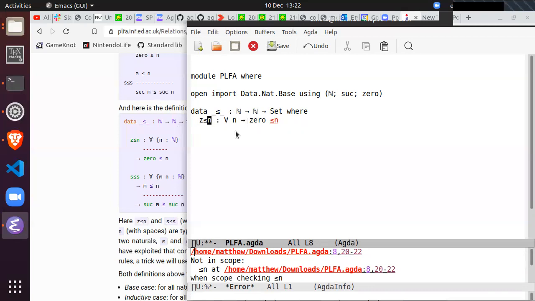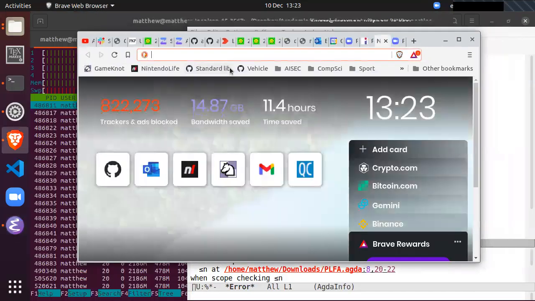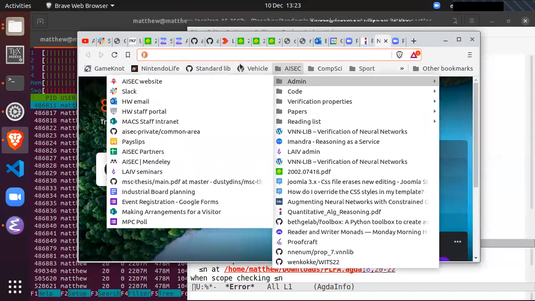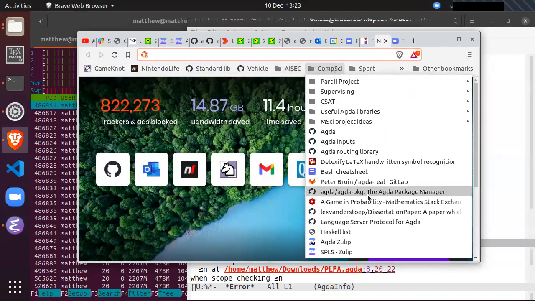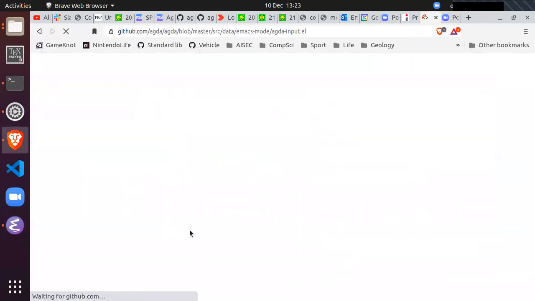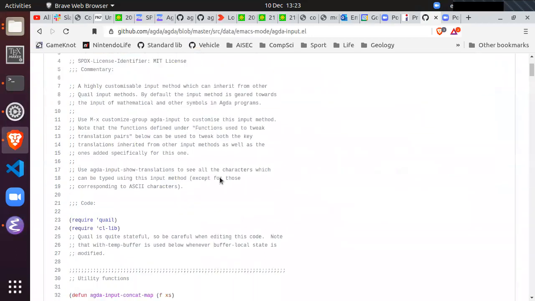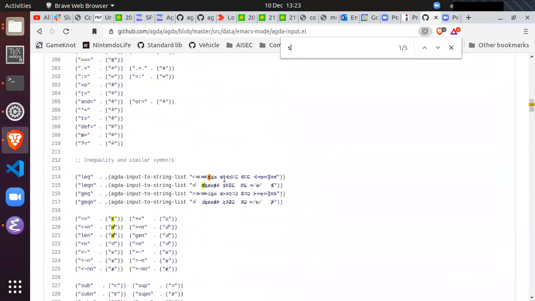There's definitely ways. The way to see if there is any shortcut is to copy the character, and then somewhere there's a file in the Agda repo, which I'm sure you can bring up in Emacs somehow, but I haven't learned how, that has the list of the character codes.